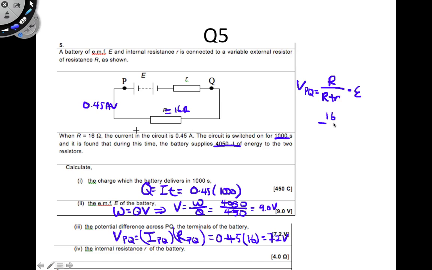This will be 16 over 16 plus r multiplied by 9.0, and this should give me 7.2. In this case your r will correspond to 4.0 ohms. If you're not sure how this working is done, you just need to shift this one over and then apply cross multiplication. So this is it for question 5.